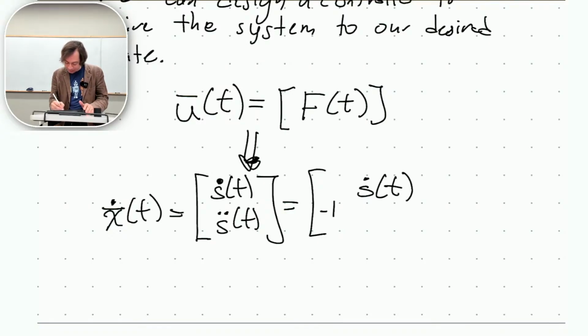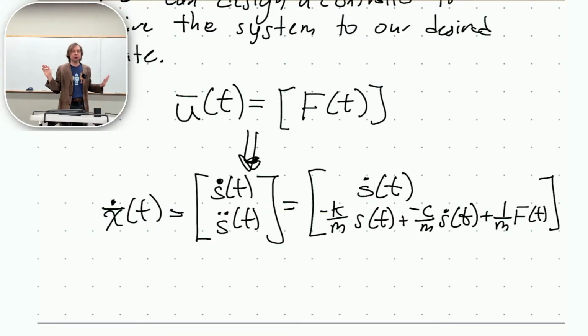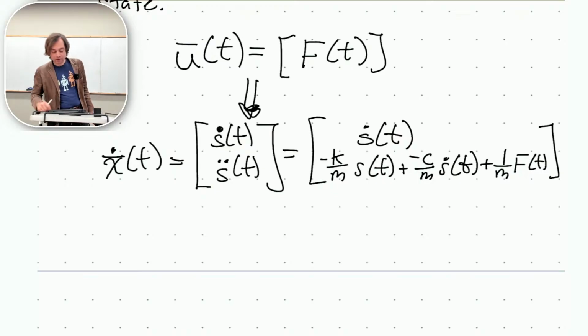Then we had minus k over m s of t plus minus c over m s dot of t plus, this is actually pretty simple, it's just 1 over m times our force if we worked out the equations. It's that simple. We just add a force pushing to the right. It would show up in the equation like that. Okay? All right.